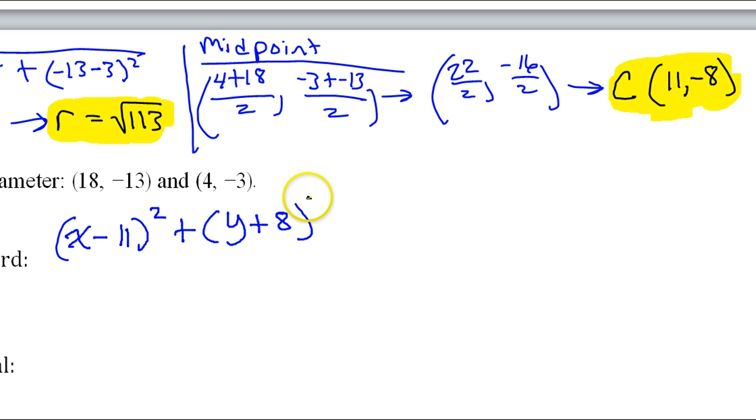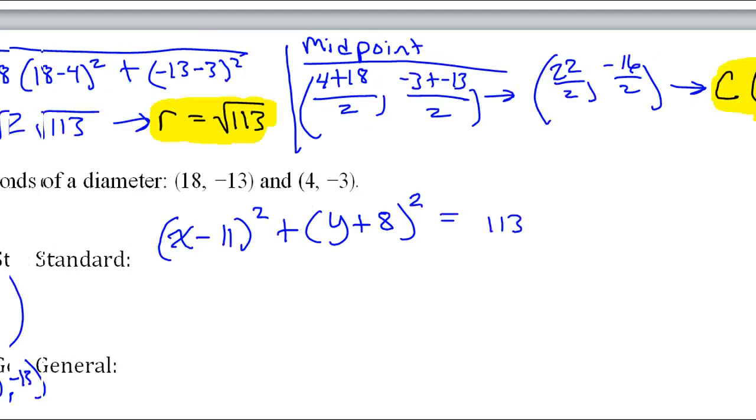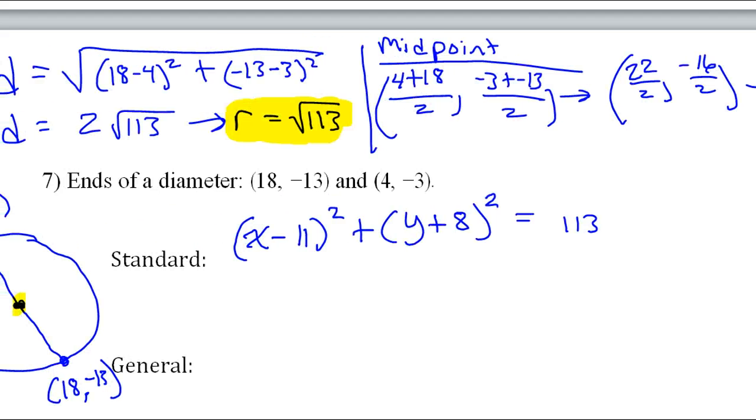So y plus 8 squared. And this is going to be the radius squared. The radius is the square root of 113, but then I'm supposed to square that, and these cancel out, so it's just 113. So this is the standard form equation right there.